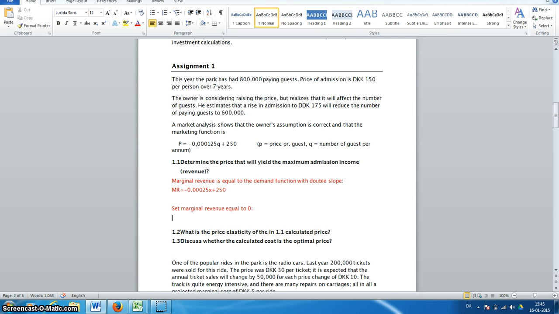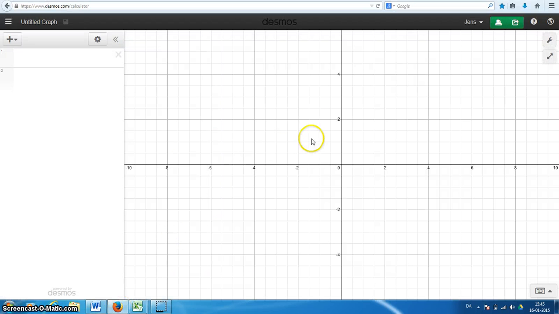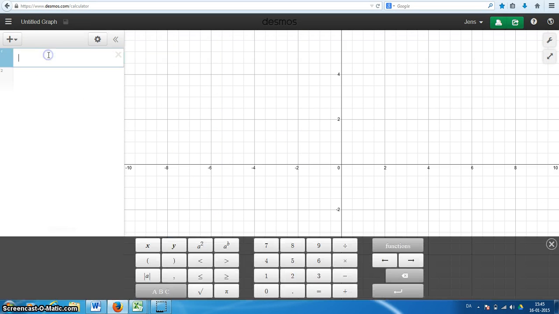And in this case, we'll get minus 0.00025x plus 250 is equal to 0. And we can actually show this method by using the graphical calculator and at the same time solve for x.